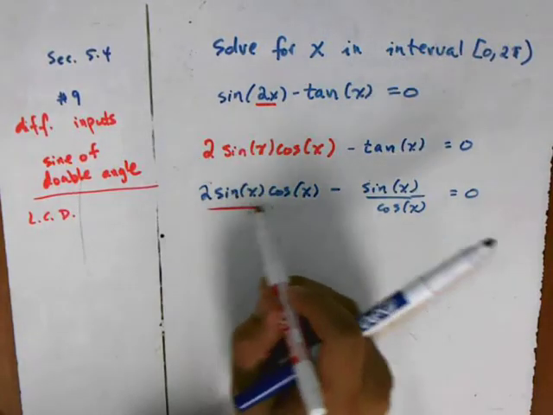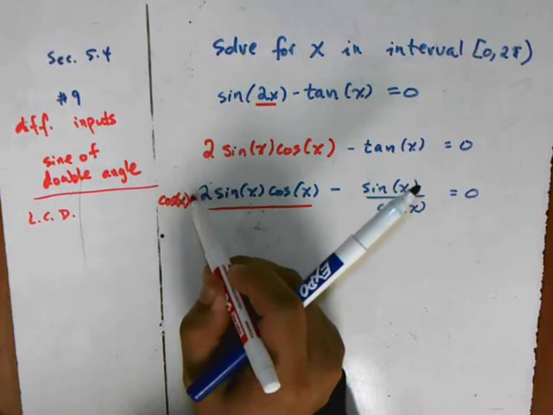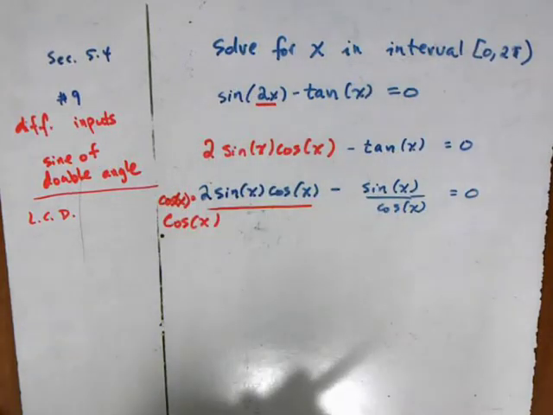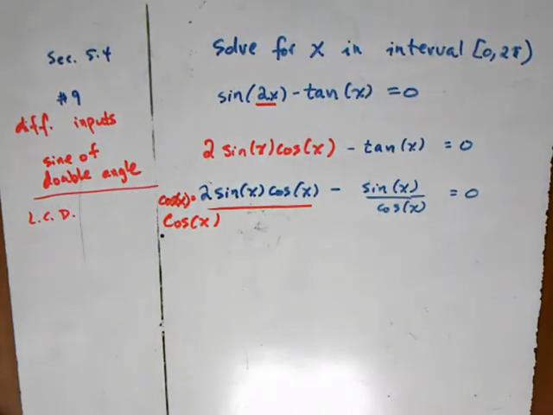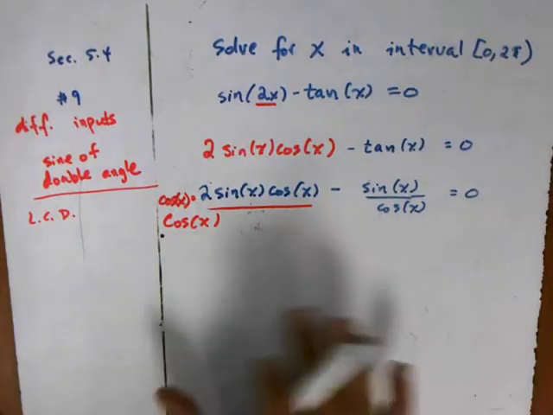Basically I'm going to multiply this left term here by cosine x over cosine x. Now that I have everything together, I'm going to combine these two.